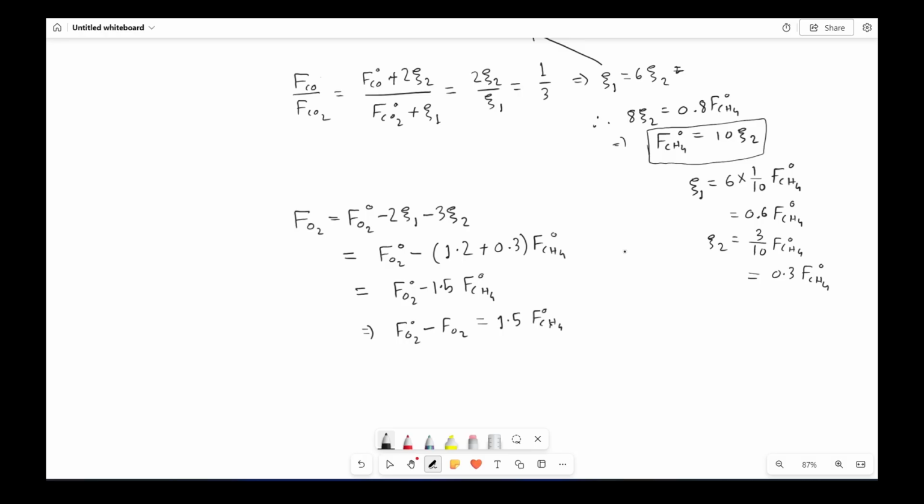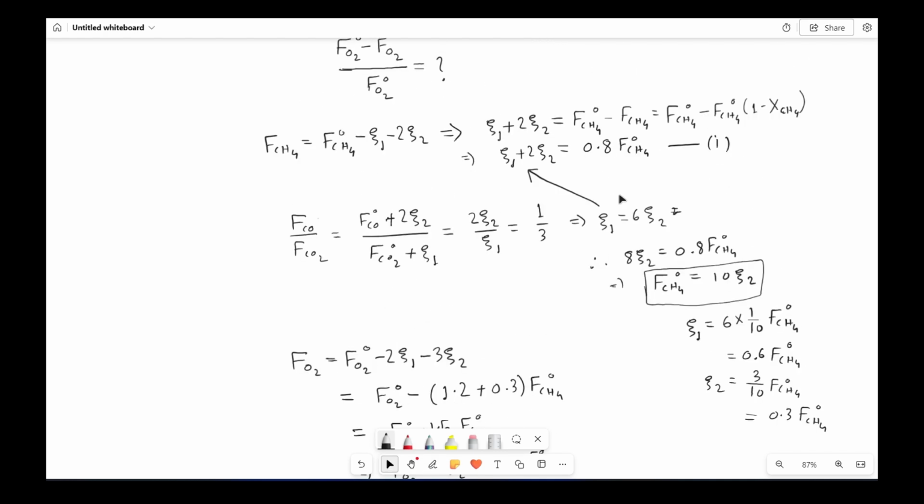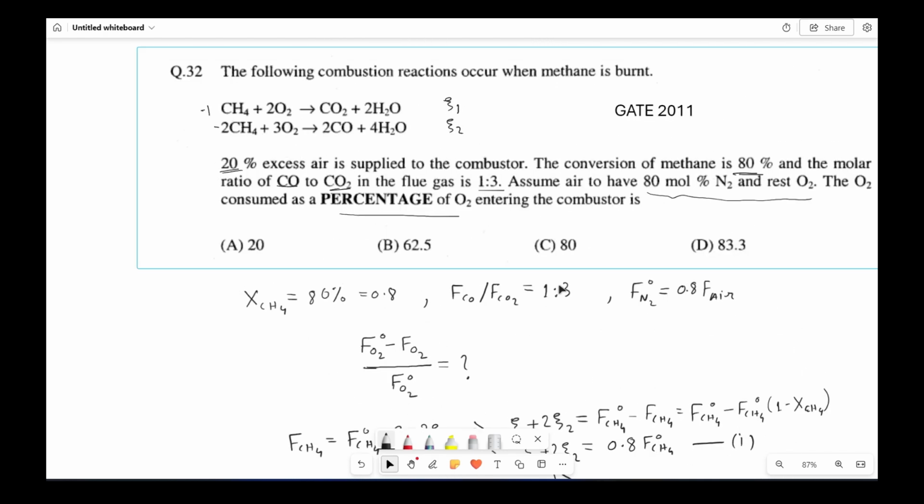Now for the theoretical value of oxygen for complete combustion of the system. See, CO is a side reaction. If you give enough oxygen, the entire methane will be converted to CO2.